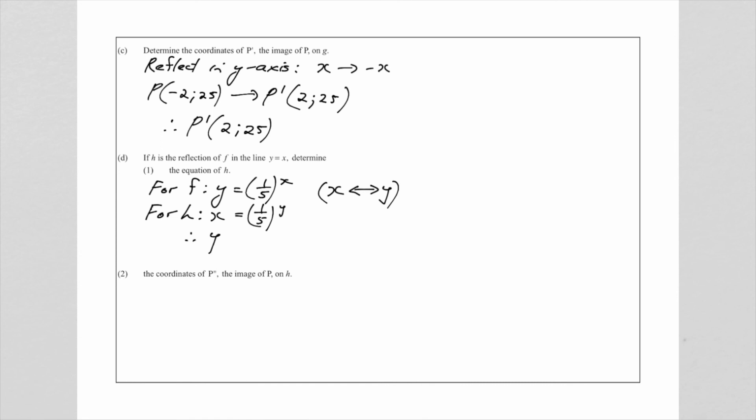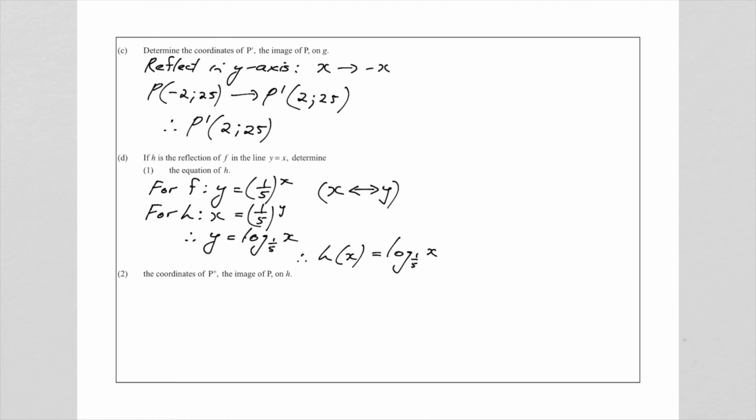So we can say that y is equal to log x with a base a fifth. And then we can write it in our f(x) notation. So we can say that h(x) will be the function log x base a fifth. And that is then the reflection of f in the line y equal to x.